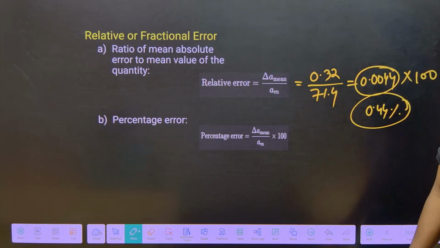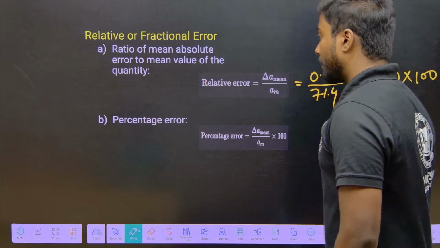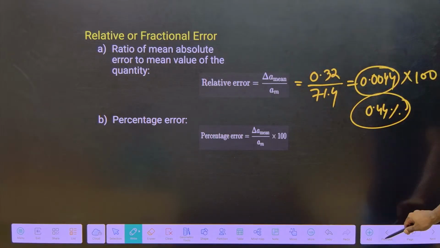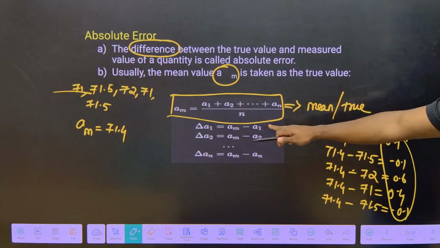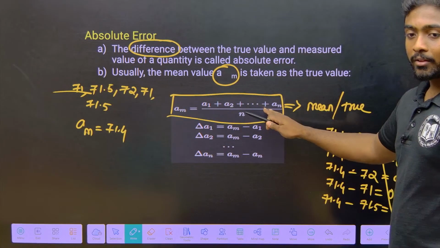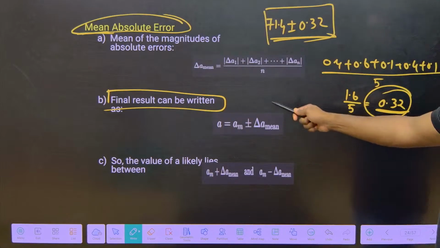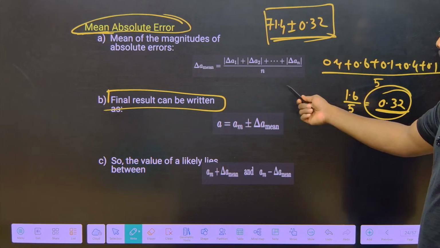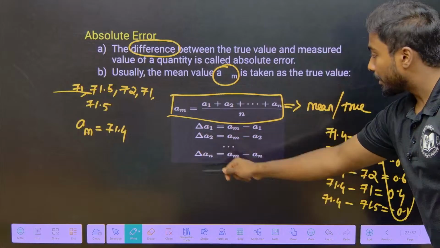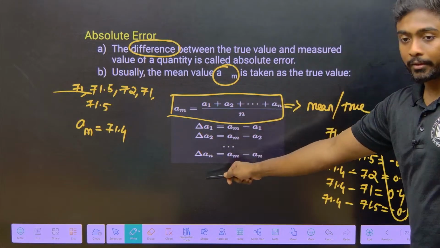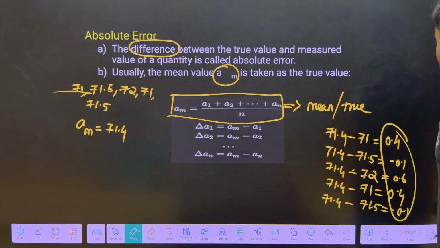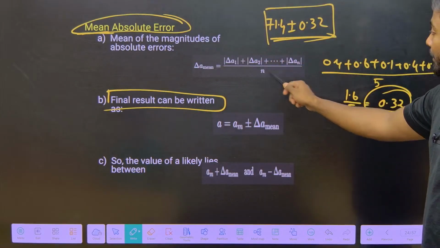That's it. Understood? Any doubt in this? So the first formula, what do I need to do? We need to add all the values, divide by the total number of values, and find the mean. Before that, I need to find the error of each value. Next is the mean error, divided by the total number.